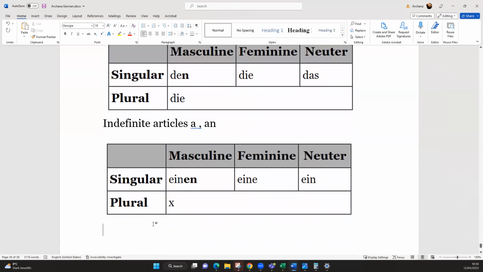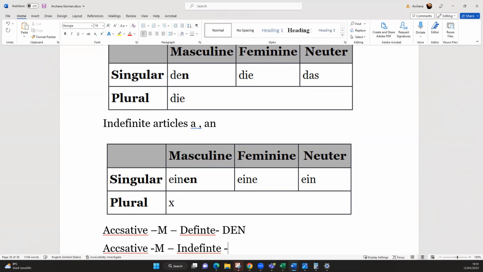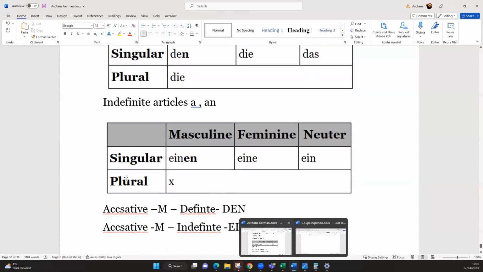So to summarize, in the accusative case, the masculine form in the definite article becomes den, and in the indefinite article it becomes einen, e-i-n-e-n. That's the only thing we have to remember in the accusative. That's it, we have completed the accusative.